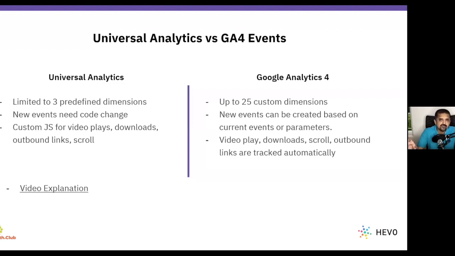Using Universal Analytics, you had to write a lot of custom JavaScript in GTM or hard-code it if you wanted to track video plays or file downloads or scrolls or lead gens or form submissions, etc. Now, all of that can be possible with just one button click, and Google Analytics 4 will track your video play, scroll, outbound links, or download links without a single line of JavaScript. That makes marketers' lives much easier. You don't have to chase around your JavaScript coder to get this implemented.